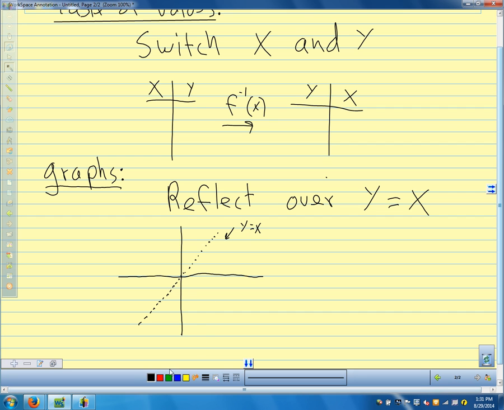If this is our function, we reflect over the line y equals x, and our inverse function would look like this. So this is just one example. We have to reflect over that diagonal line y equals x for those graphs to represent graphs of inverse functions. If they reflect in any other way, they are not inverse functions.